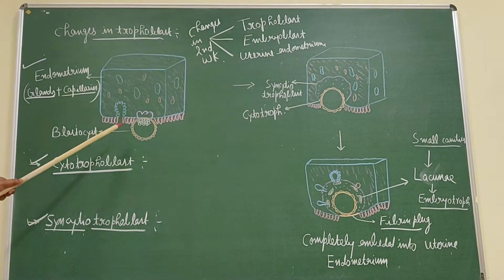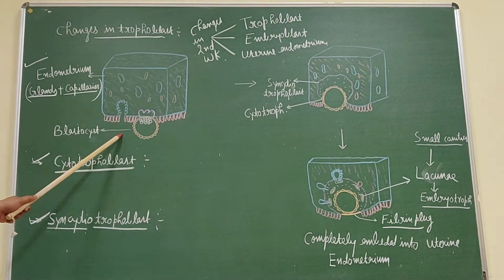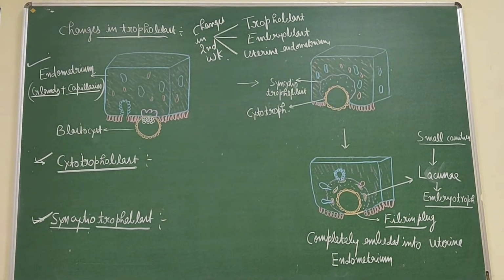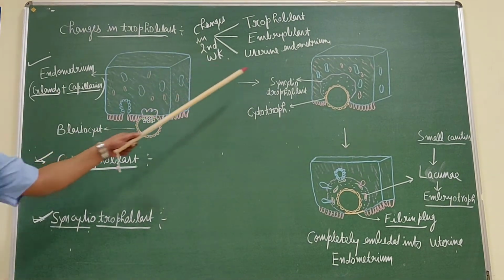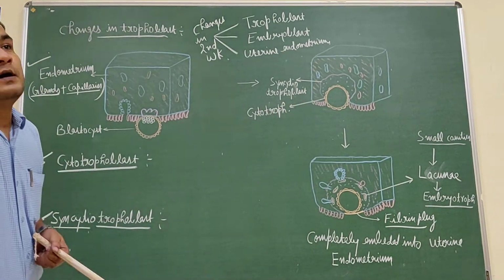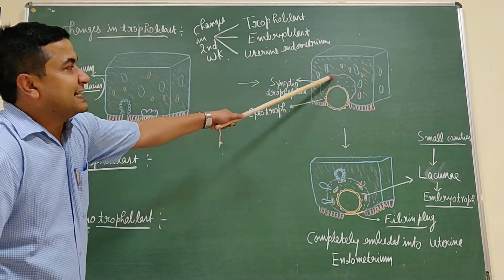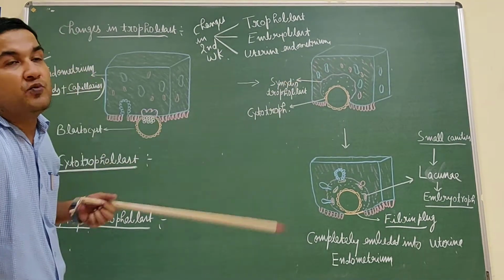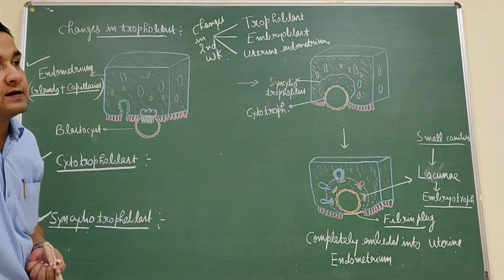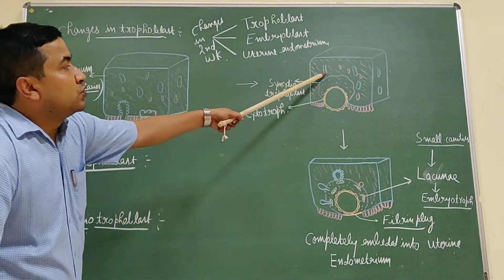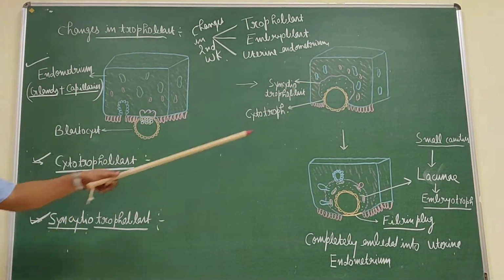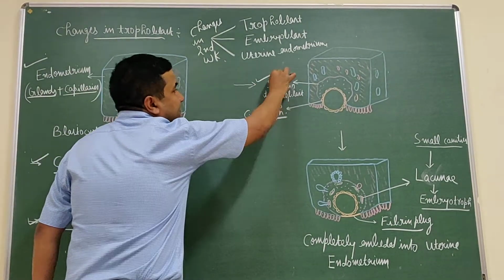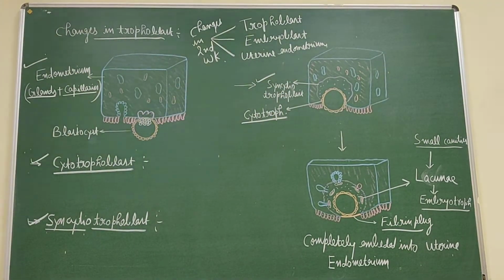Means in this diagram, implantation starts. Now, in this stage, half of the blastocyst is embedded into the uterine endometrium. So, now there are two layers of the trophoblast. It is the cytotrophoblast and syncytiotrophoblast.